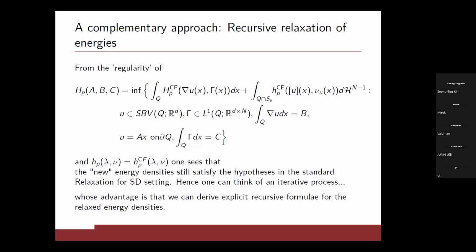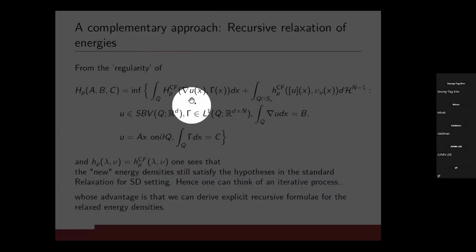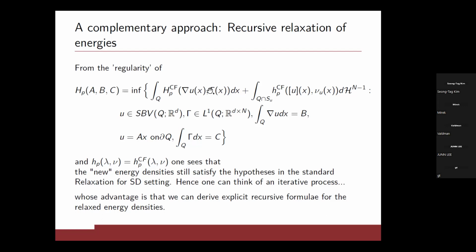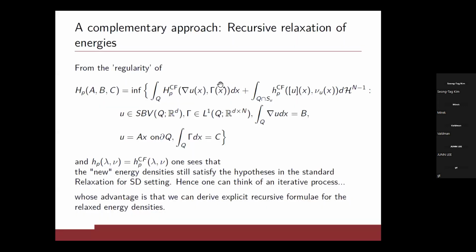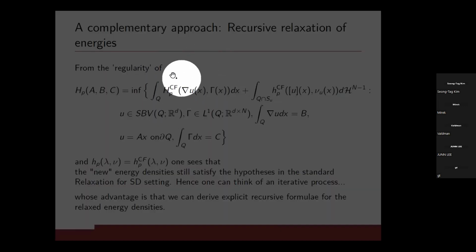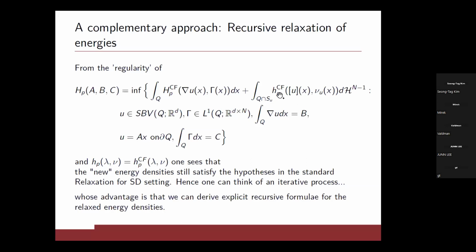Okay, at the first step in our relaxation, we get HPCF. This depends on the gradient of U and this field gamma. What's the point? If we fix the field gamma, we take it to be constant. What we have is a bulk density which depends just on the gradient and the surface density which has the same form as the one in the original energy E. Then we can relax at the Choksi-Fonseca.